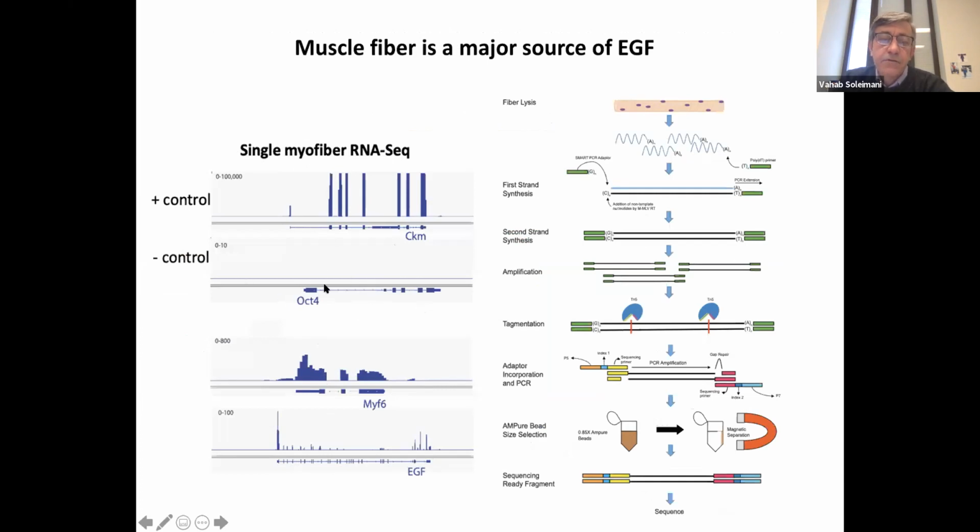This is our negative control, OCT4, and then CKM, muscle creatine kinase, clearly showing that you can get whole transcriptome RNA-seq from a single fiber, and then look at whether or not the muscle fiber itself, in the absence of other non-myogenic cells, is producing the factor of your interest. That's just a cartoon schematic of how we applied this SMART-seq technology to infer the RNA-seq from single fiber.